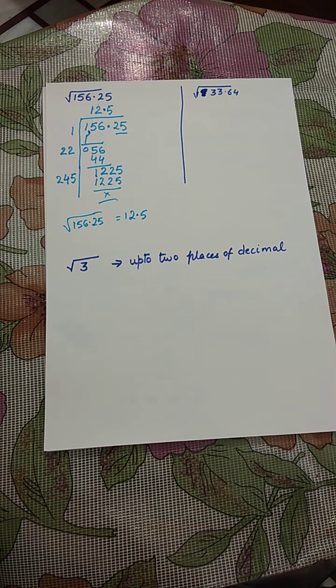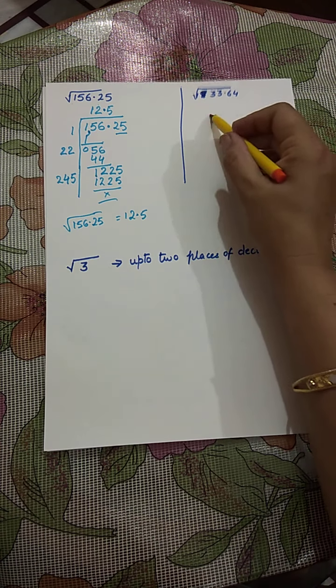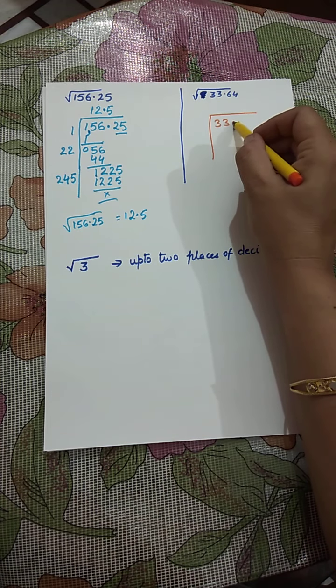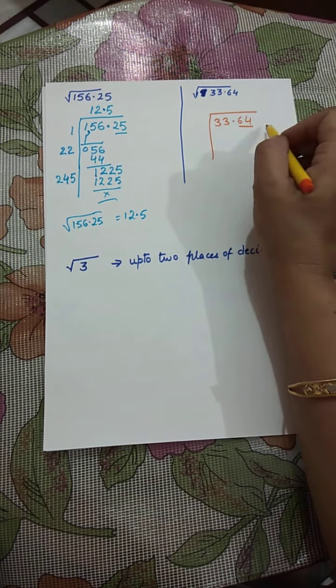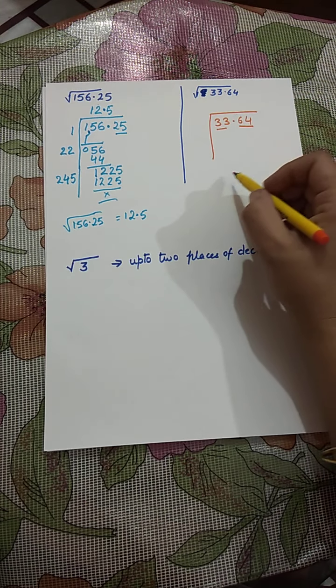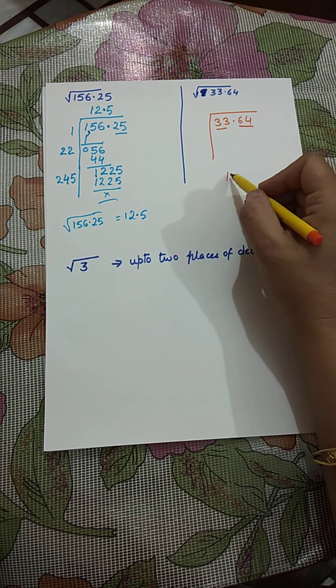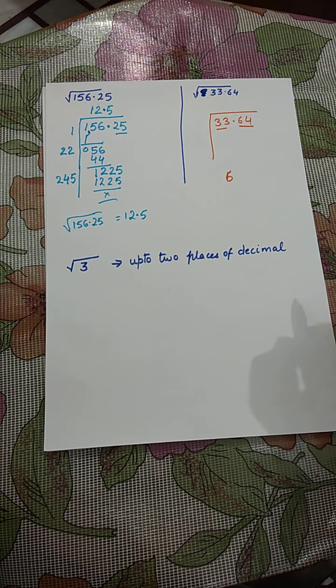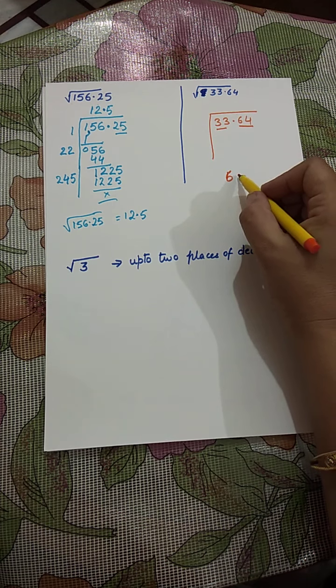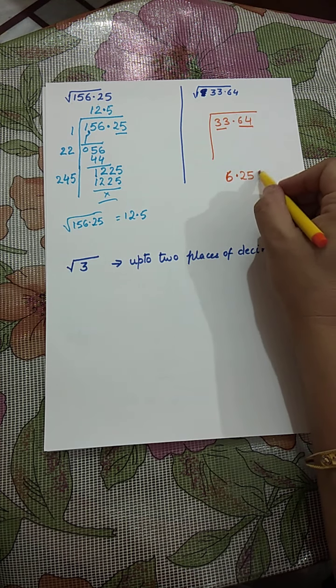I will just tell you how to make a pair. So for this, one pair of decimal from this side, another pair here, the pair is complete. Now in case you get a number like this, suppose you get a number over here, 6.256, let's say as an example.